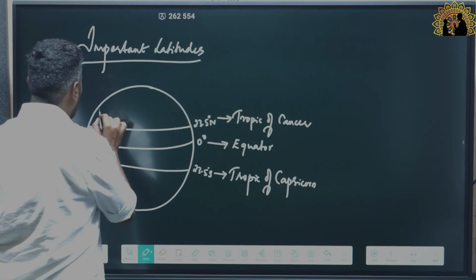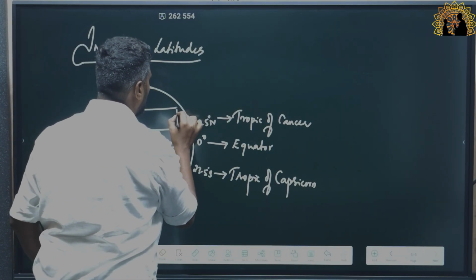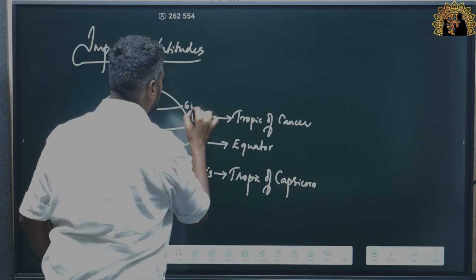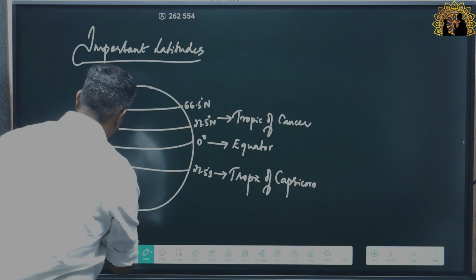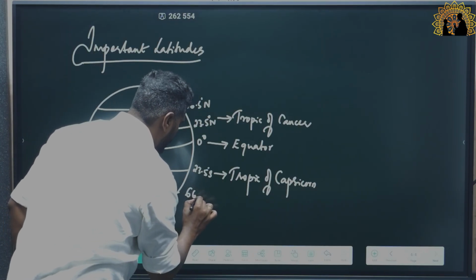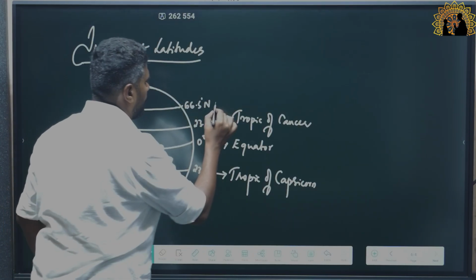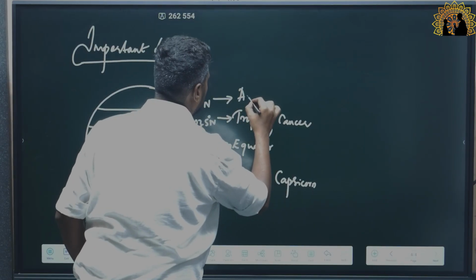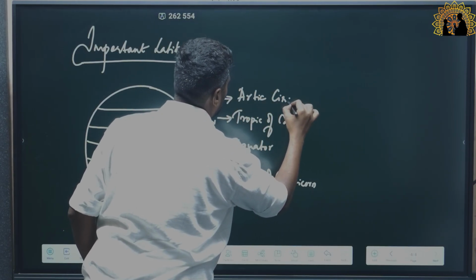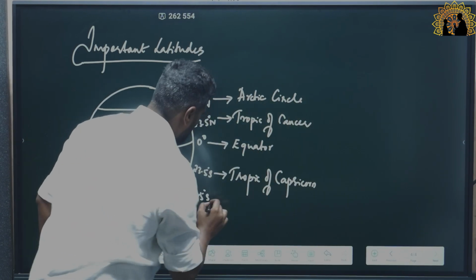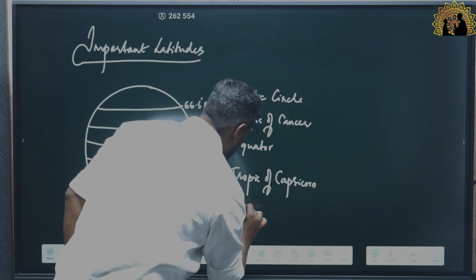Alright, we have one more latitude, 66.5 degree north, and here 66.5 degree south. We call this the Arctic Circle, and this the Antarctic Circle.